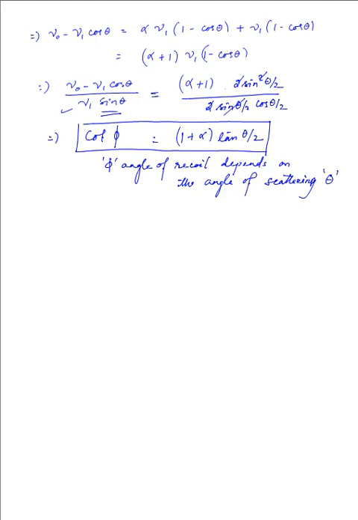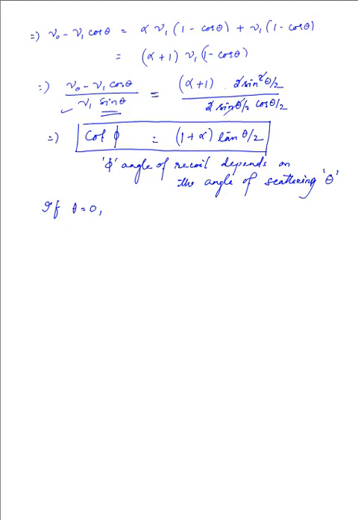How does it depend? Well, you can put the values over there. The angle of scattering can be 0. So if it is 0, it is just pushed head on, or it moves along its line. It continues to stay in its line, it is powerful enough to knock the electron and it travels along its own line.